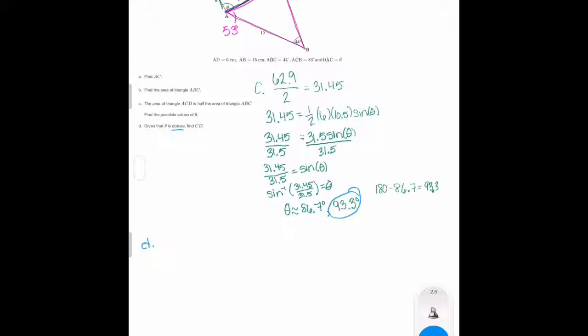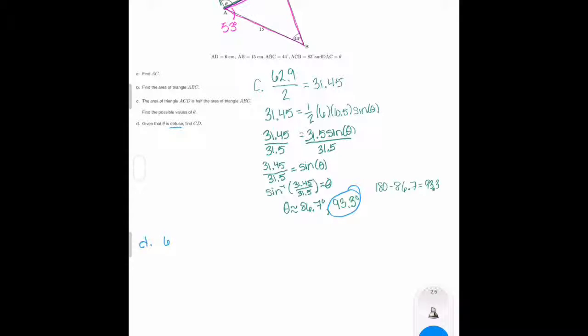So for this exact problem, that would mean that we are plugging in 6 squared plus 10.5 squared minus 2 times 6 times 10.5 times cosine of 93.3 degrees. And we have to remember that this is actually going to give us our segment squared.